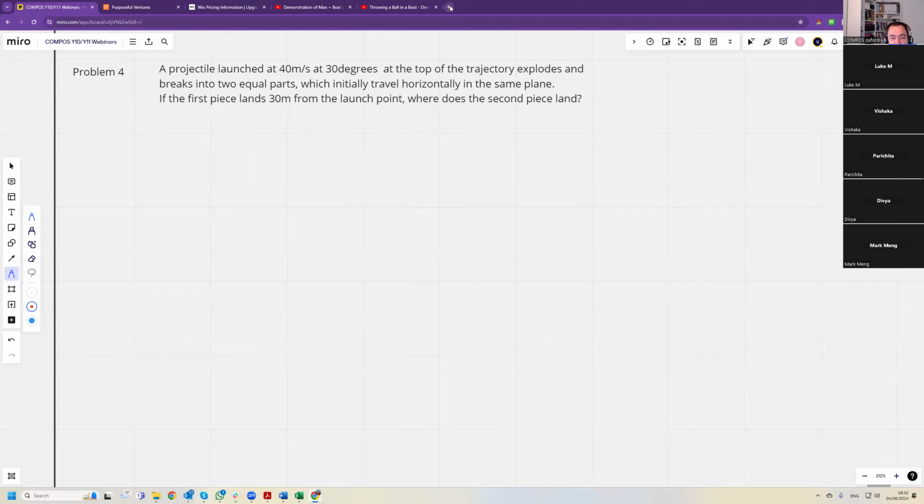It sounds like a difficult problem. So there's projectile motion. There is 30 degrees. At the top, something happens. So we are shooting a projectile. It flies up. At the top, it breaks down into 2 pieces.